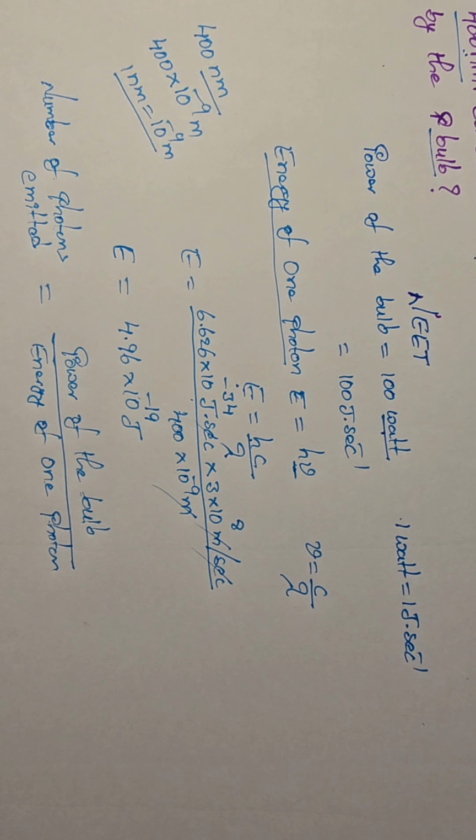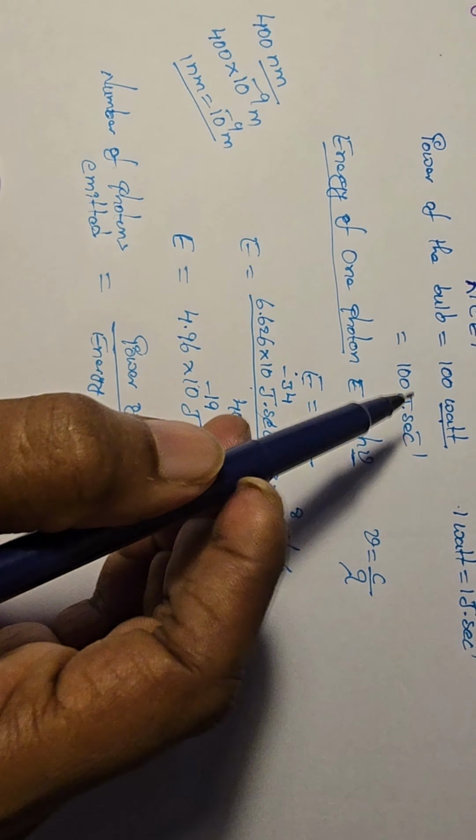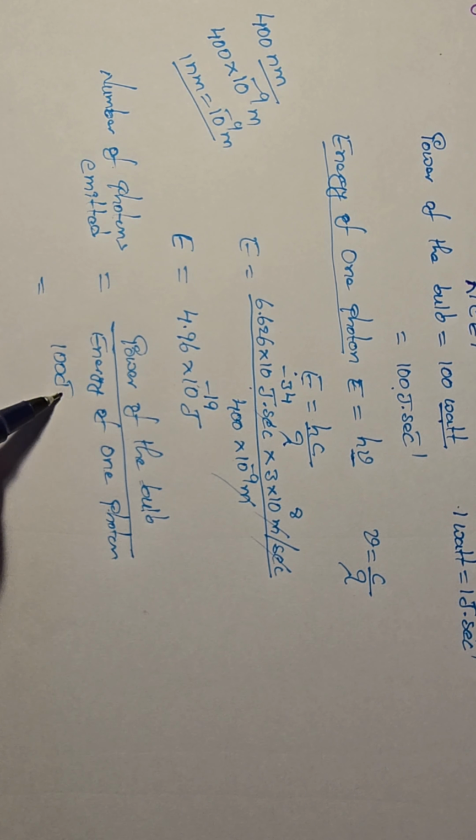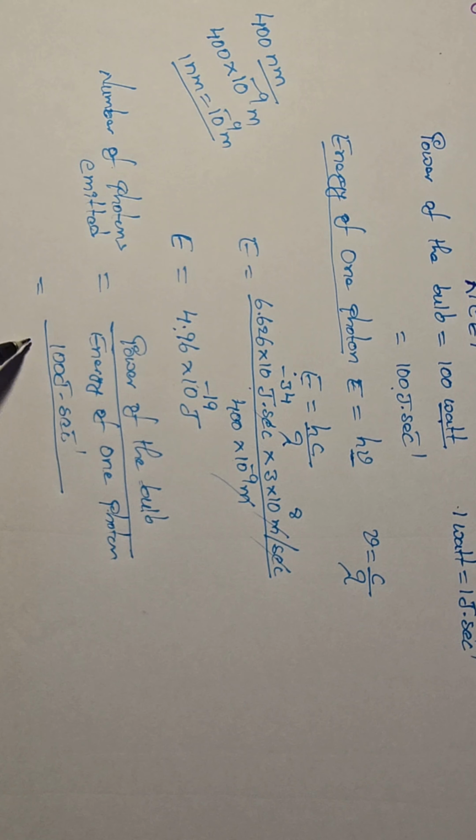The power of the bulb is 100 joule second inverse, and the energy of the photon is 4.96 into 10 power minus 19 joules.